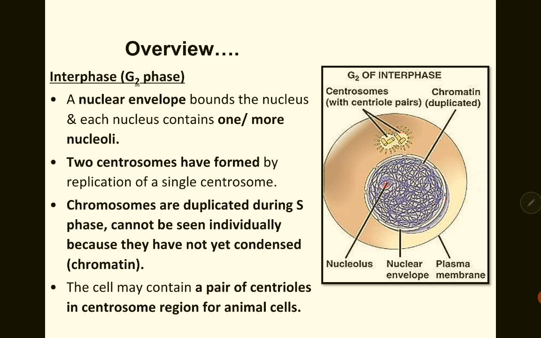Okay, centrosome is the region which consists of centriole. Chromosomes are duplicated during the S phase, cannot be seen individually because they have not yet condensed. Okay, remember, before the mitosis, our chromosome not yet condensed. So the cell may contain a pair of centrioles in centrosome region for animal cell.